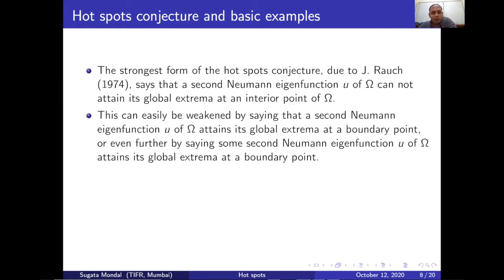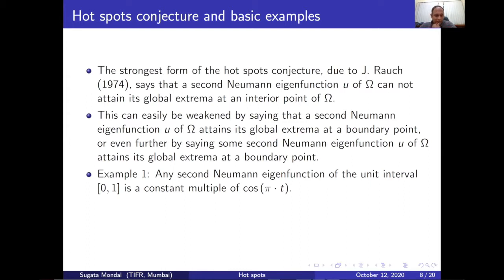In the literature there are weaker versions of this conjecture known. We can weaken it by stating that a second Neumann eigenfunction u attains its global extrema at a boundary point, or even further by saying that some second Neumann eigenfunction of omega attains its global extrema at a boundary point. Again, the last one comes from the fact that the second Neumann eigenspace need not be one dimensional.